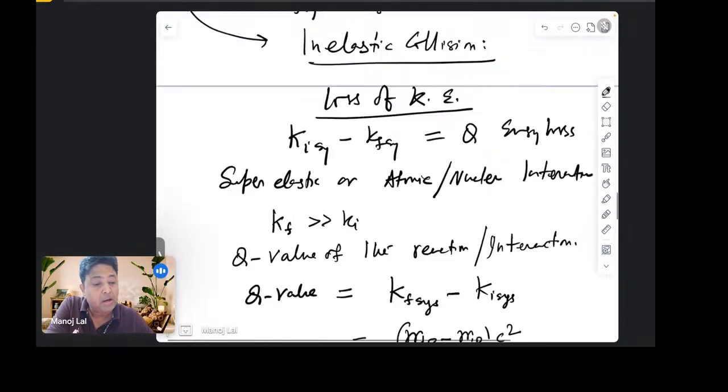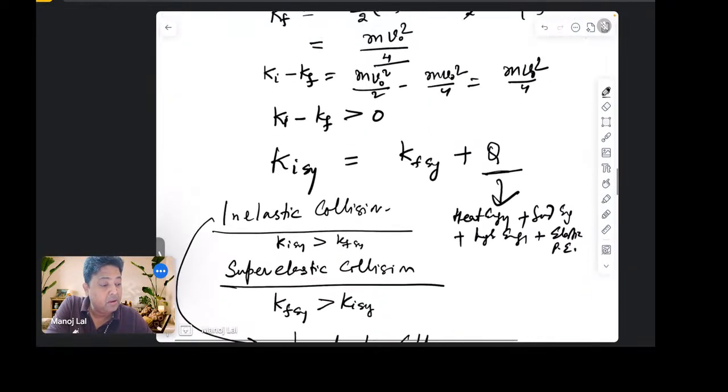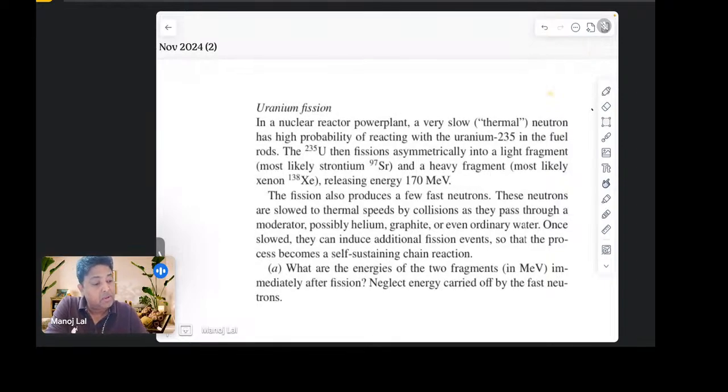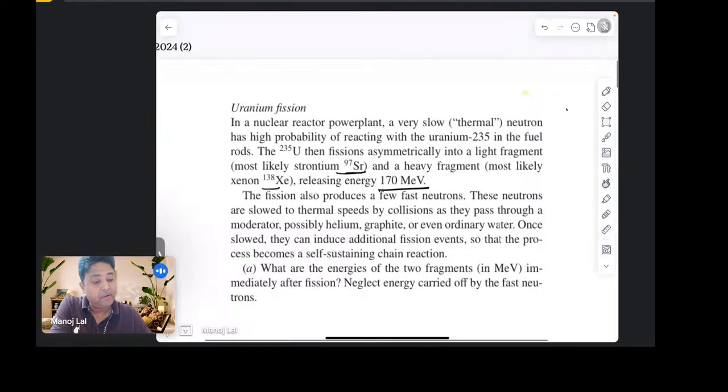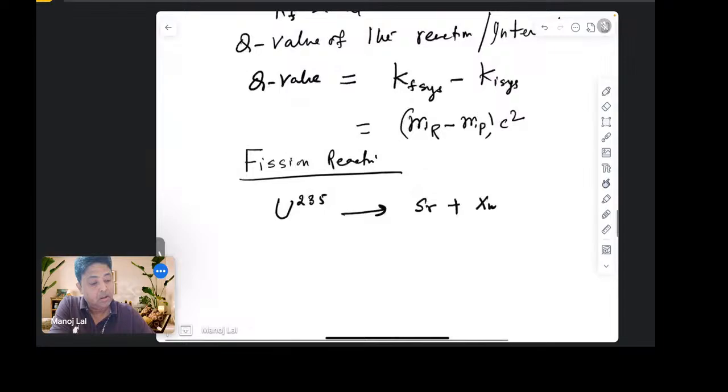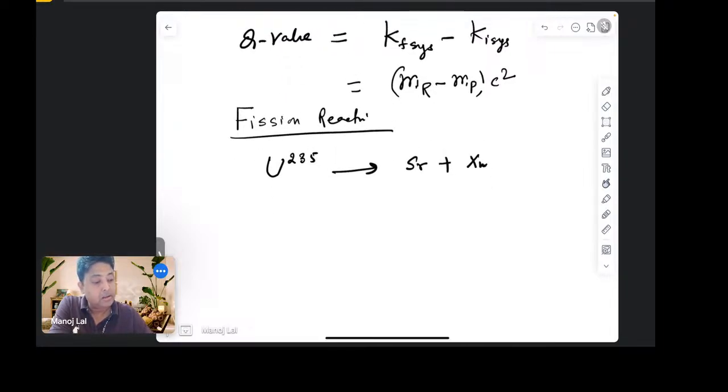Let me take one problem. Strontium 97 and xenon 138, and 117 mega electron volt. Something like that. So if I say strontium plus xenon and 97 and 130.